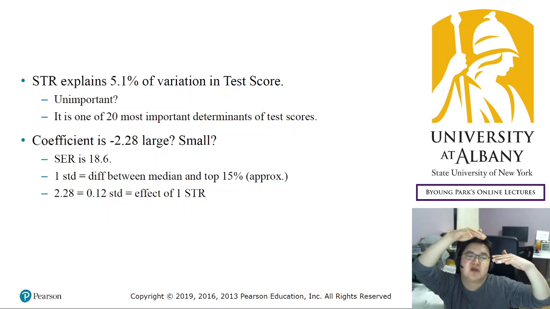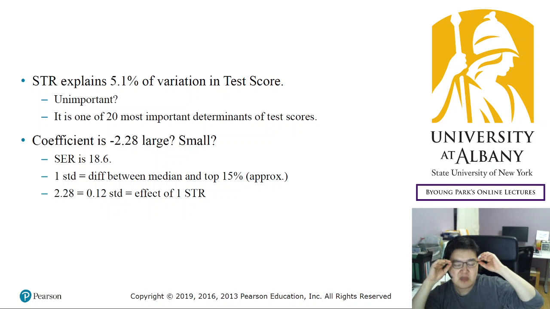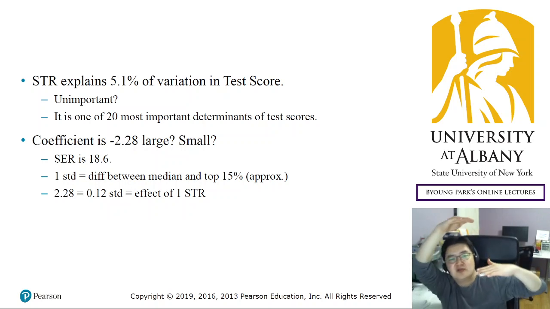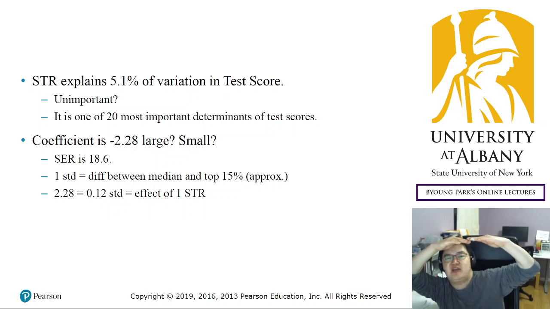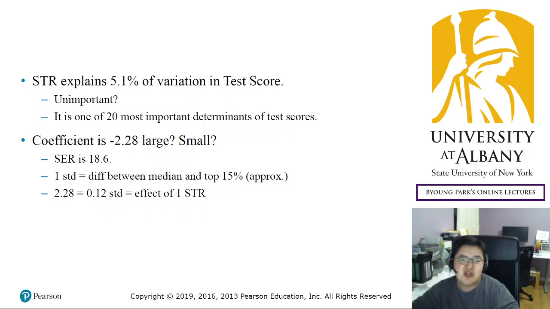So the rank 15. To increase the median school district to the top 15 level, you need to lower the student-teacher ratio by about 8, because a decrease of 1 in student-teacher ratio only changes 0.12.